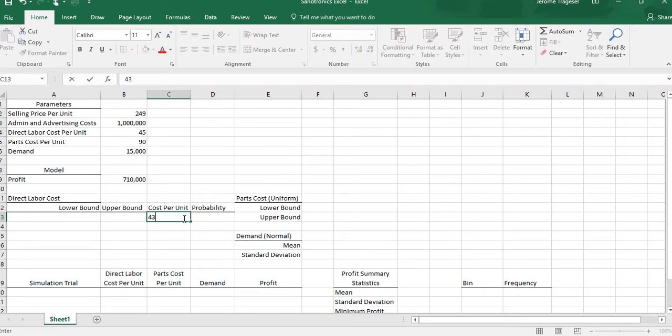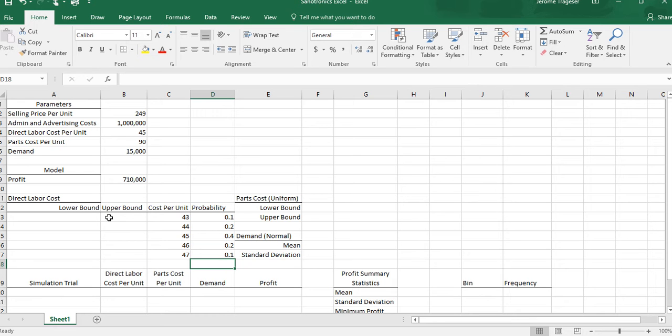So we are given a few costs, and then the associated probabilities. We need to create a discrete probability distribution table for Excel to randomly select these costs in our model.